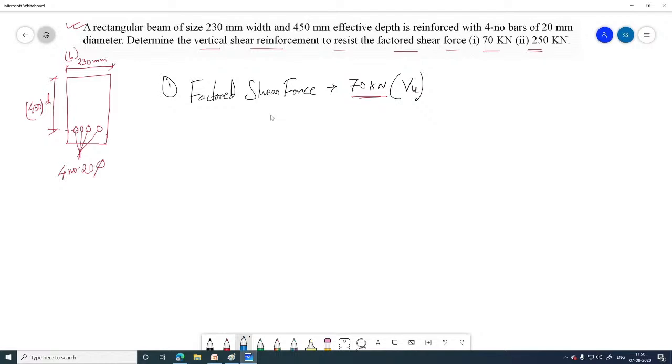You already know that to determine the tau V, the nominal shear stress, the formula is VU by BD, where VU is the factored shear force. We will see this equation in IS 456 2000.